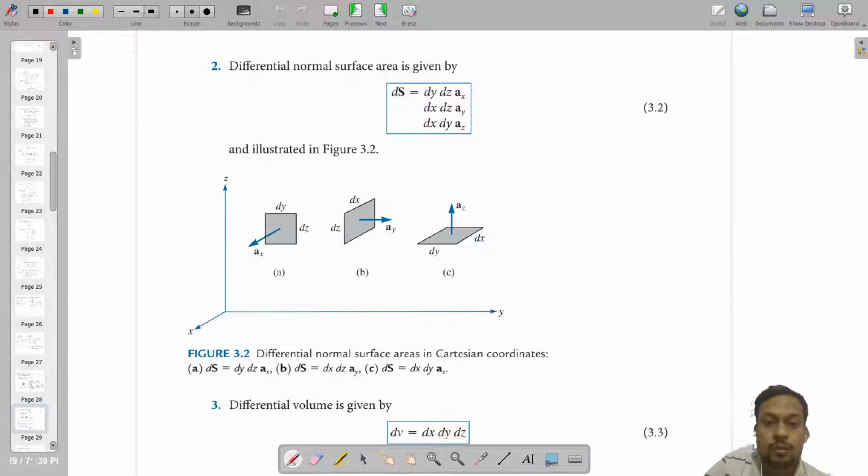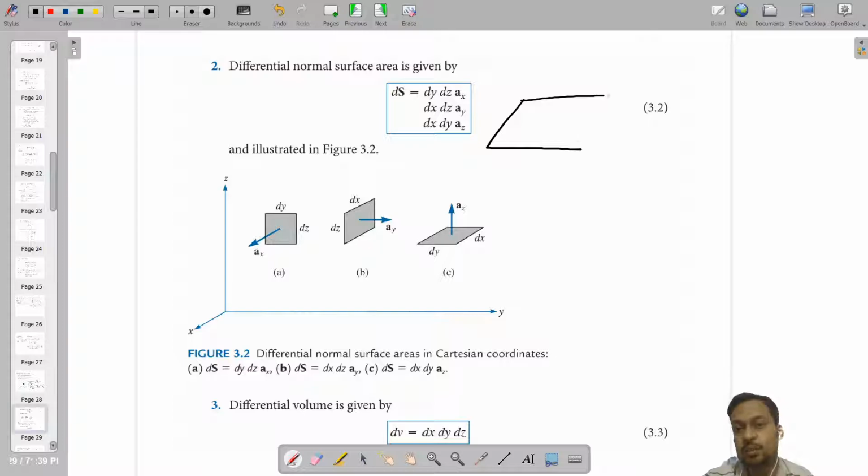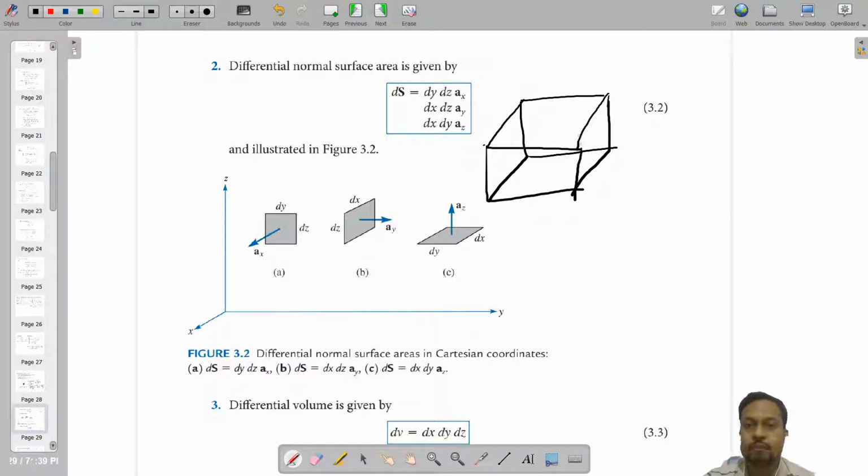Now the differential surface in the Cartesian coordinate system. The differential cube which we have drawn for the analysis in the three-dimensional Cartesian coordinate system has three unit vectors, or three directions.